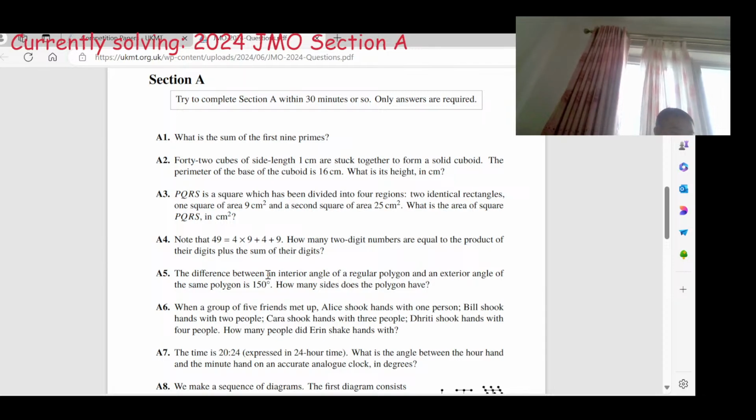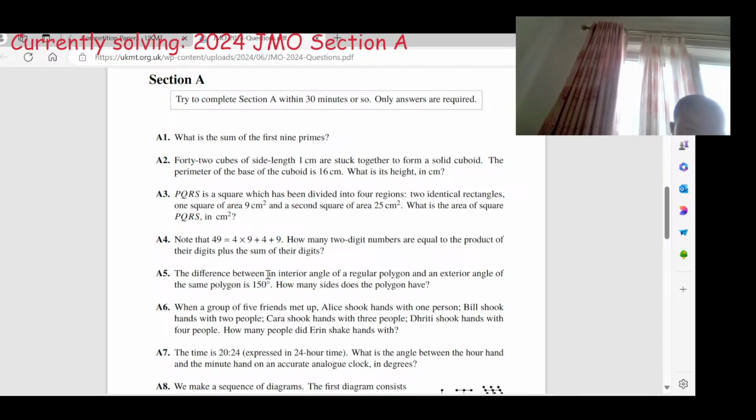So it has 24 sides. Is it 24 sides? Yeah. What am I doing? Why am I on A5? I'm supposed to do A3.